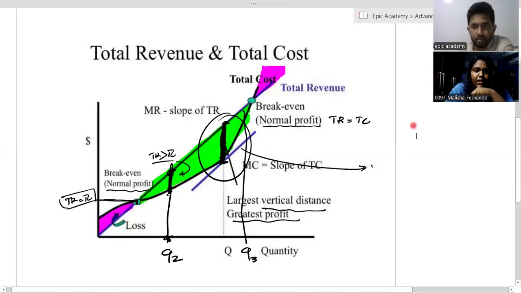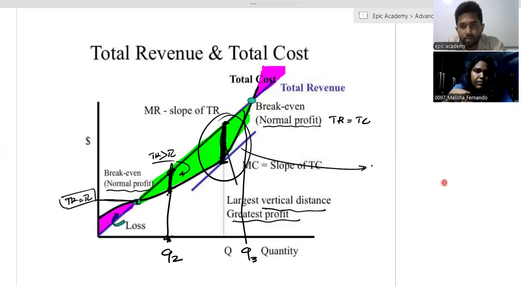Yes. So is there a specific reason to have such a situation where you have a loss and then a profit and again a loss? Yes. Because of the behavior of the total cost curve and because of the behavior of the total revenue curve.